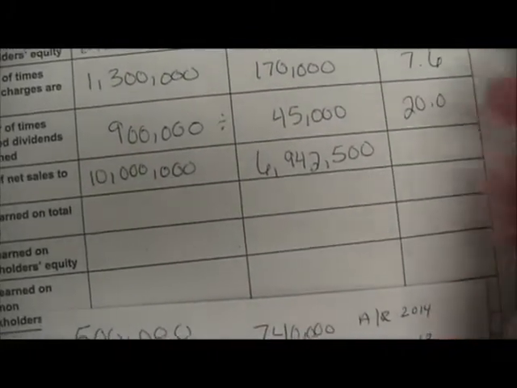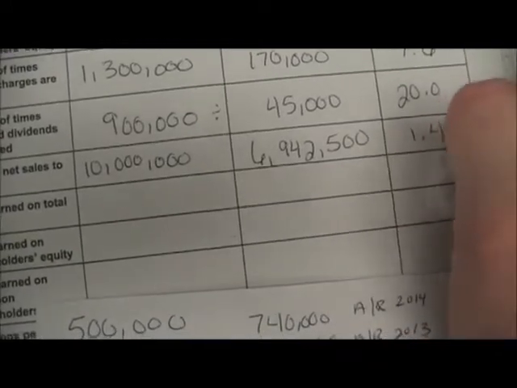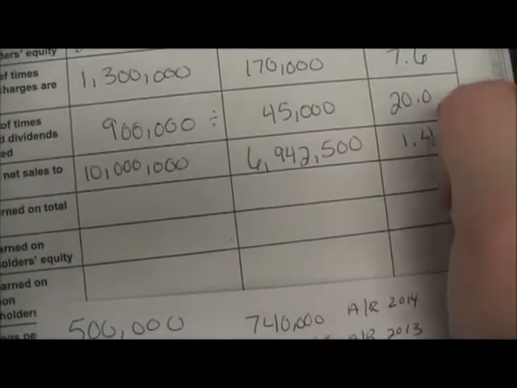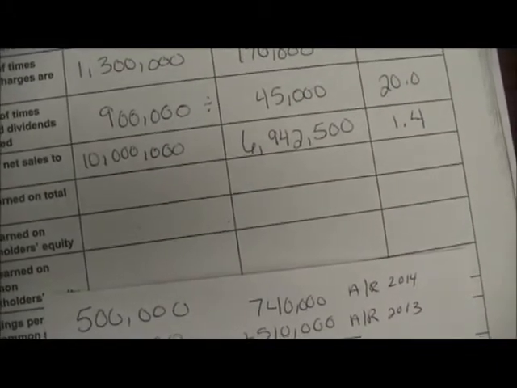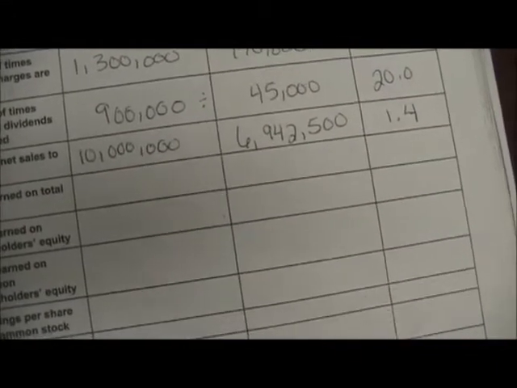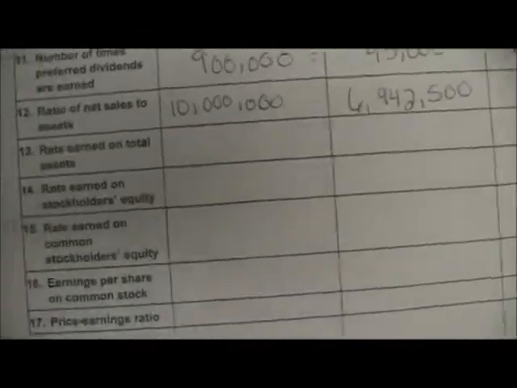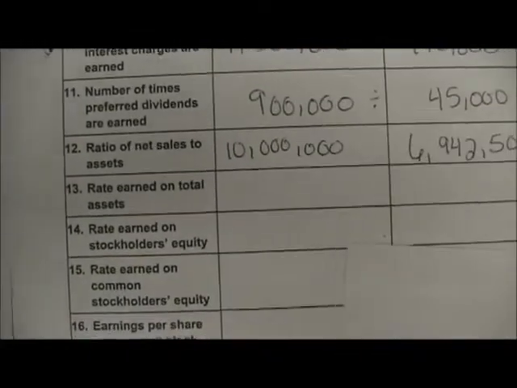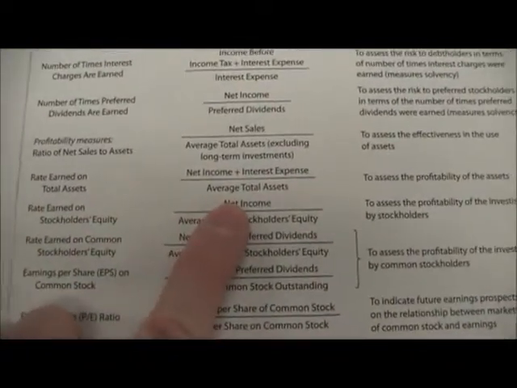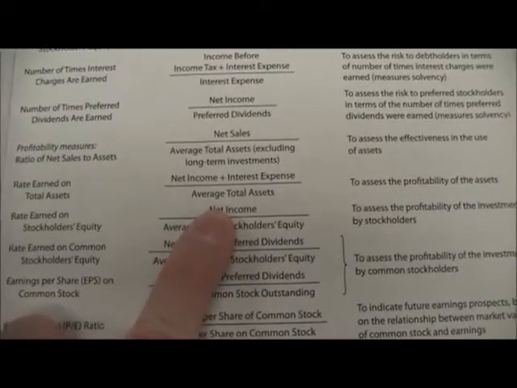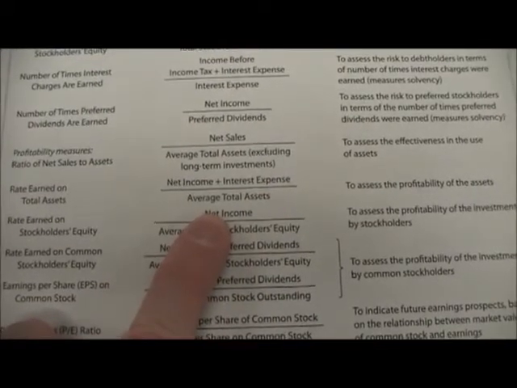Again, we're going to divide these two numbers out and we get 1.4. Okay, the next one, ratio earned on total assets. Our note sheet tells us it's our net income plus the interest expense divided by the average total assets.